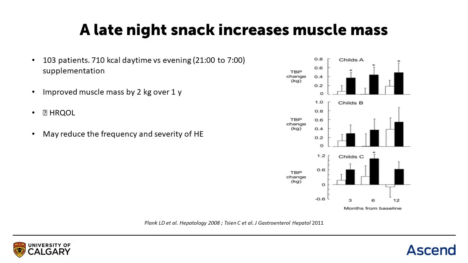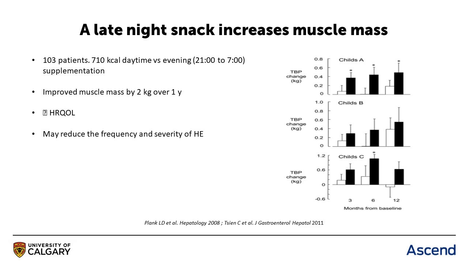And we know it makes a difference. So this was a beautiful study that they did with an isocaloric intervention. It was 710 kilocalories, quite a bit, split either in the morning or in the evening as an extra in addition to whatever they were eating. And you can see they studied it across Child-Pugh classes, and the most improvement in muscle mass, total body protein, was seen in the Child-Pugh A patients.